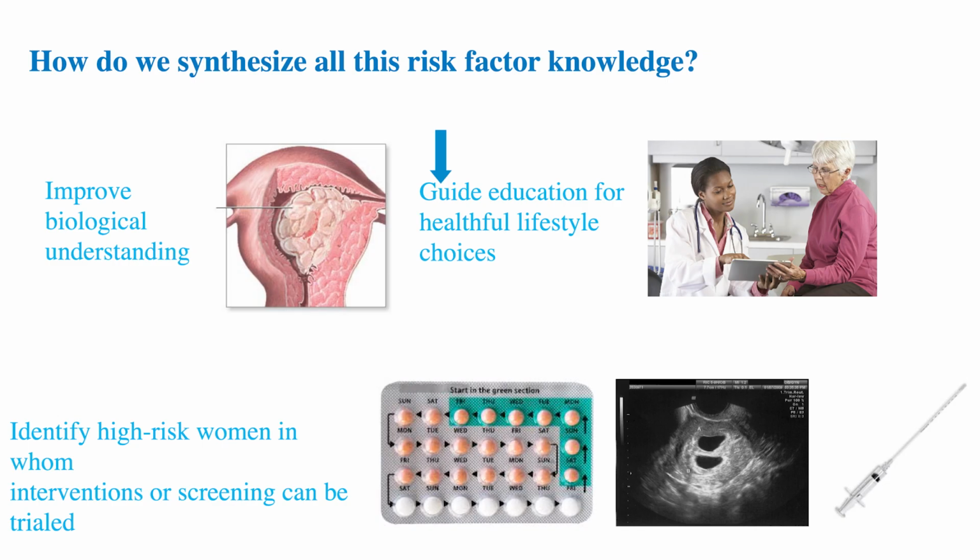And so how do you synthesize all this? So first and foremost, we want to improve biological understanding by using the genetic and the non-genetic. And then we want to use it to guide education for a healthy lifestyle. And we also, one of the goals is to develop these screening tests to identify high-risk women.